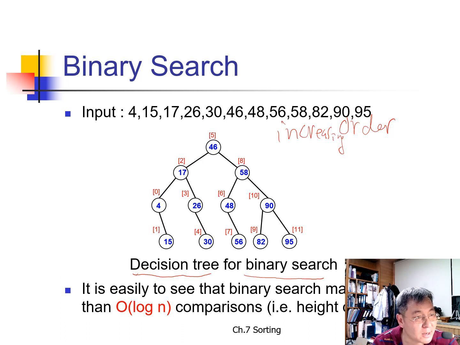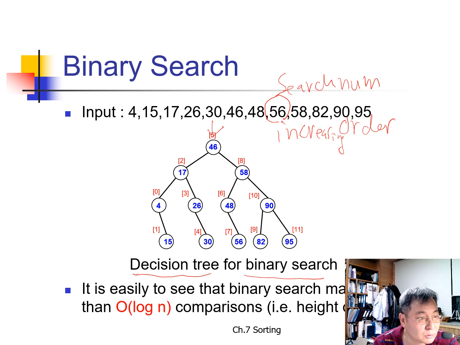Now after we have this data set, we can find 56 as follows. We start from the root node. The search num 56 is greater than 46. That means that this search num will exist on the right of this decision tree, binary tree.